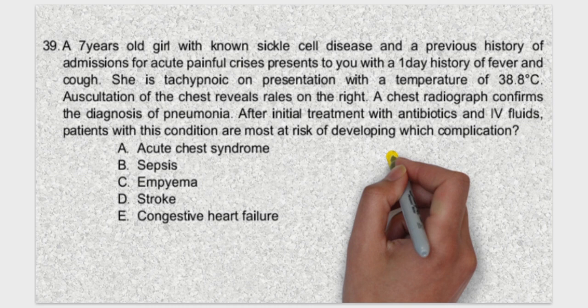Temperature has increased. Auscultation of the chest reveals crackles on the right. Chest radiograph confirms the diagnosis of pneumonia. After initial treatment with antibiotics and IV fluid, patients with this condition are most likely to develop which complication?